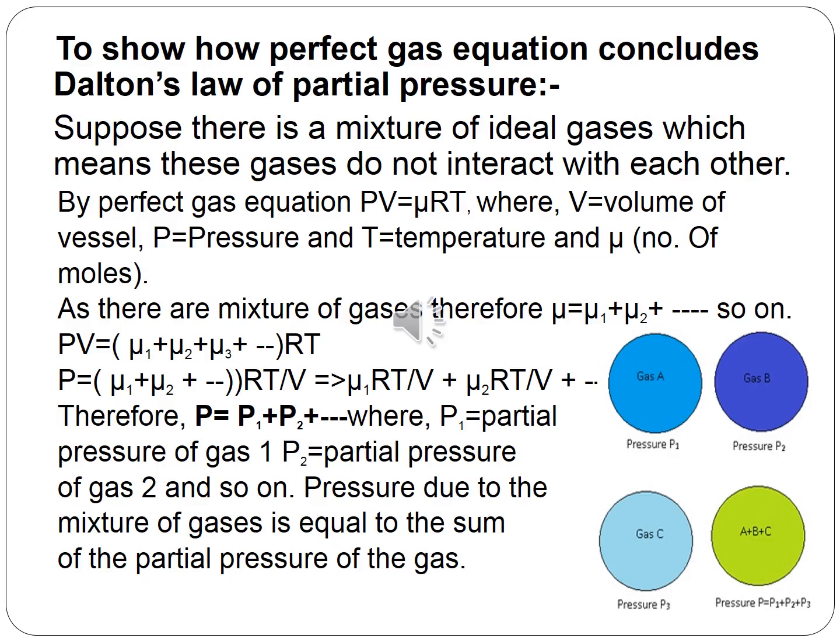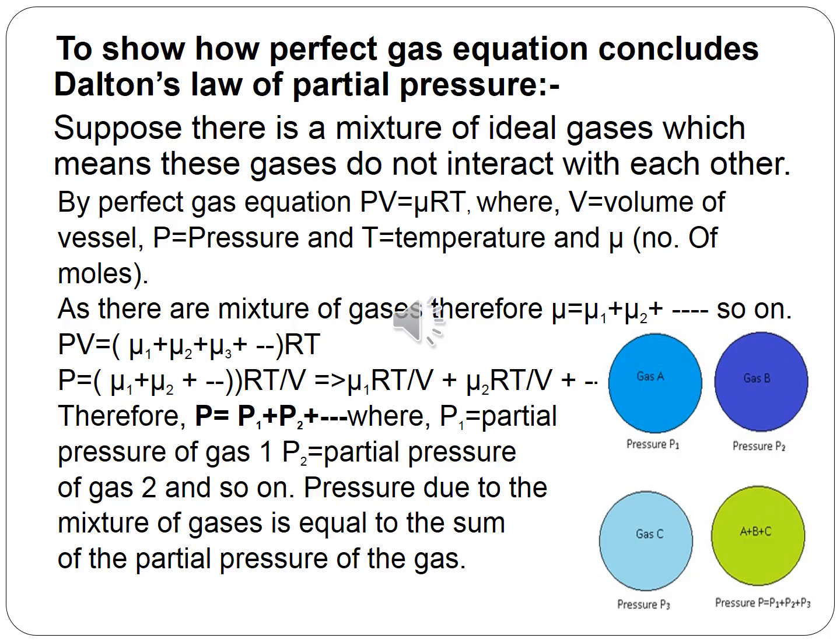So P is equal to (nu1 plus nu2 plus etc.) into RT by V, which is the sum of nu1 RT by V, nu2 RT by V, etc. So P is the sum of P1, P2, P3, etc., where P1 is the partial pressure of gas 1, P2 is the partial pressure of gas 2, and so on.